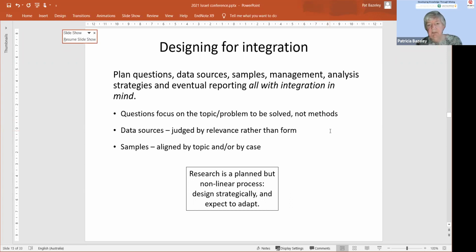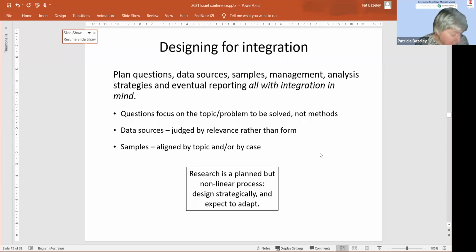That means that data sources are judged by relevance rather than form. Is this going to help me answer my question? is a much more important thing to consider than whether it's a quantitative or a qualitative method. Samples can be aligned by topic.